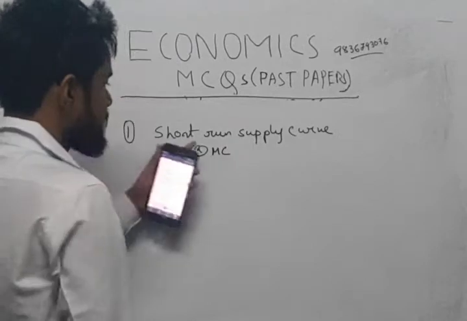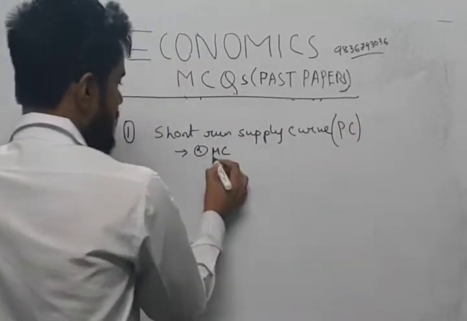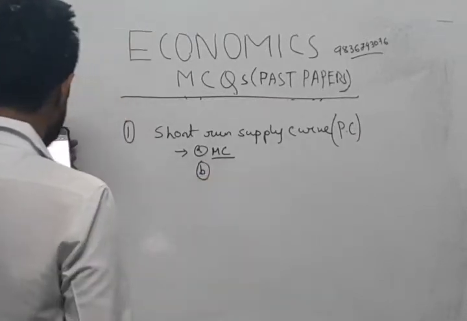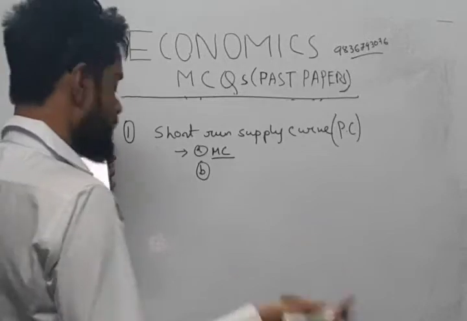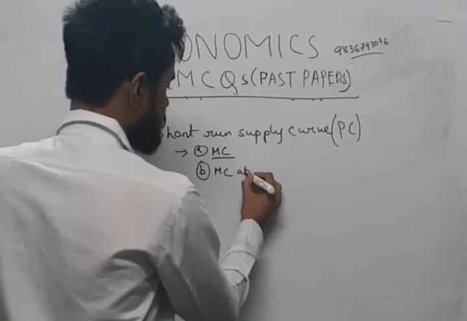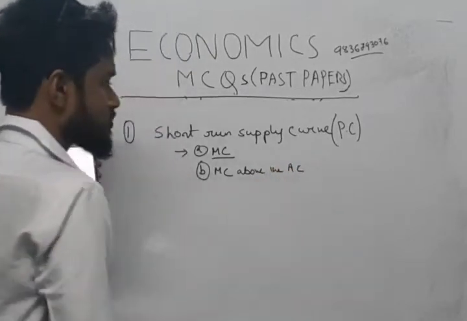So it says the short-run supply curve of a perfect competitive firm is the marginal cost curve. Then the option B is given as marginal cost curve above the average cost curve.